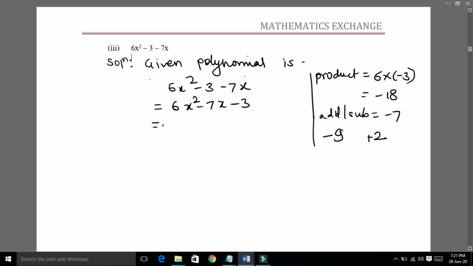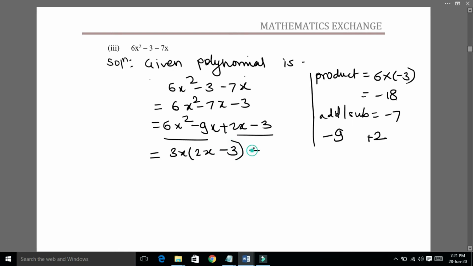By splitting the middle term, 6x square minus 9x plus 2x minus 3, make the grouping. Take 3x common, so we get 3x into 2x minus 3 plus 1 into 2x minus 3. So 2x minus 3 is common here, we get 3x plus 1 into another bracket. So these are the factors.